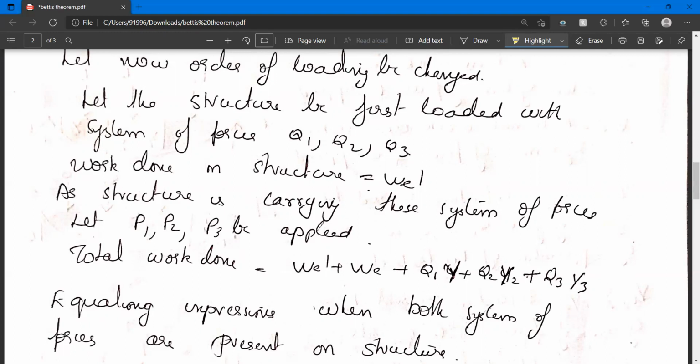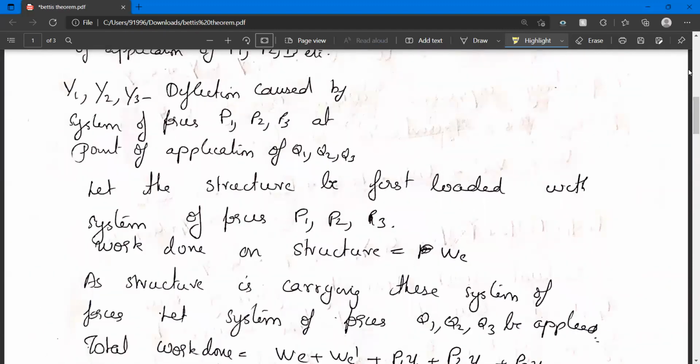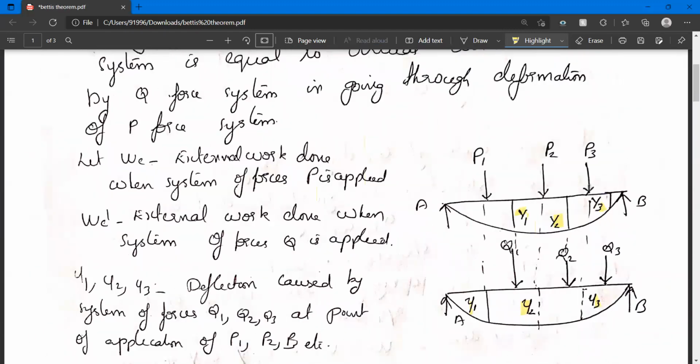So what is the total work done? Total work done is WE dash plus WE plus, you can see the figure once again. When Q1, Q2, Q3 is applied, work done due to that is Q1 into the deflection in the direction of Q1, capital Y1: Q1 capital Y1 plus Q2 capital Y2 plus Q3 capital Y3.